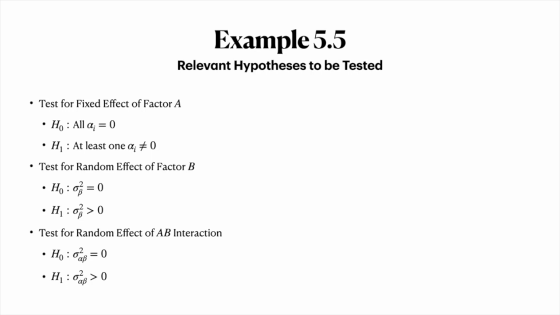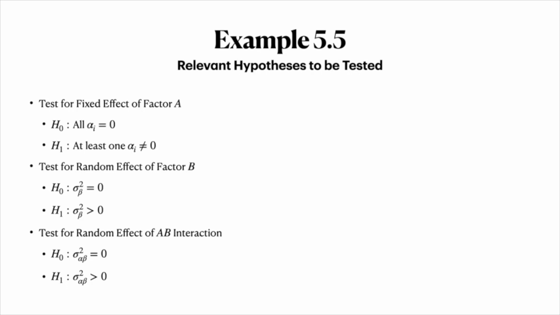So the null hypothesis says that the variance, sigma squared alpha beta, is equal to zero, against the alternative hypothesis that sigma squared alpha beta is greater than zero. Expressed in words, the alternative says that there is interaction between pesticide and tree variety.